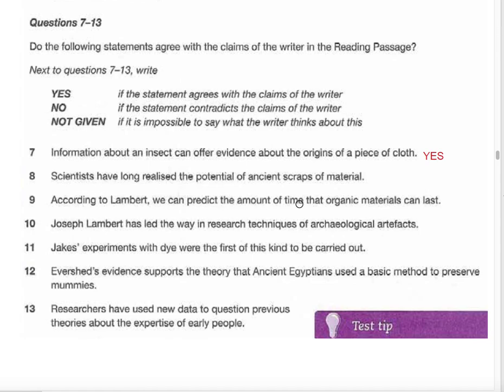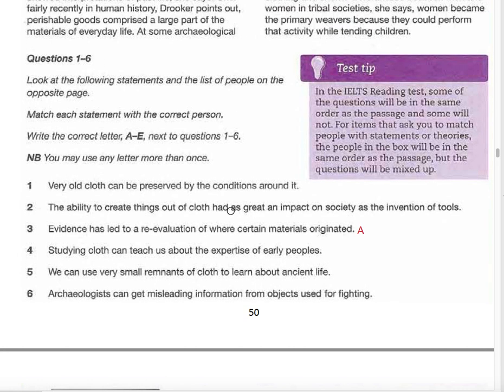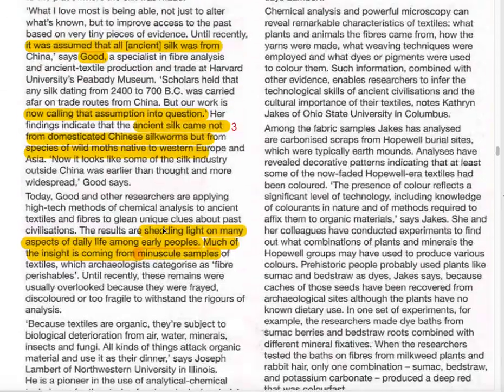No, so maybe it's in here. Right here. We can use very small remnants of cloth to learn about ancient life. There we go. So number 5. And that one again, let's double check. Today, good. So it's good.